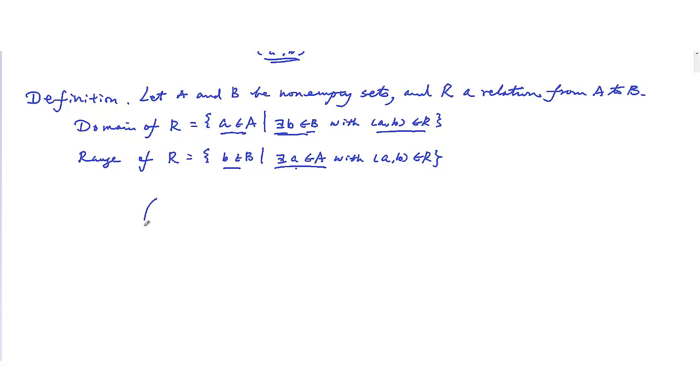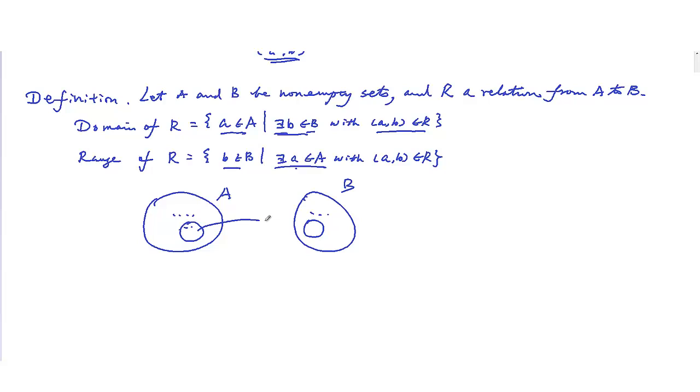So if you look at the picture here, you have A, which has many points, and then you have B, which has many points. And then the relation relates some points in A with some points in B. So that is related by R. Then these points here are the domain, and these points here are the range.